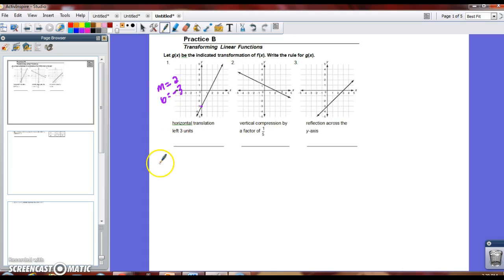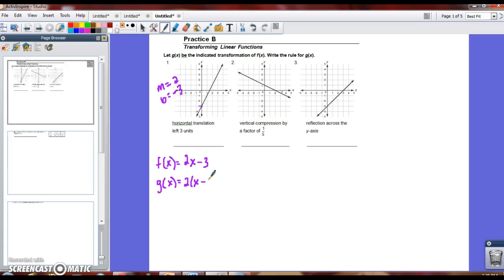So that means the equation that we're starting with, our f of x equation, is 2x minus 3. And now we need to do a horizontal translation left 3 units. Whenever we do a horizontal translation, we need to substitute in for x, and we're doing x minus whatever that value is.